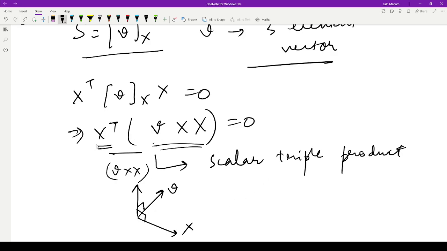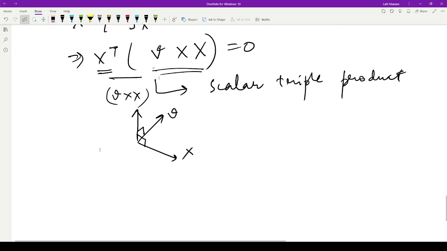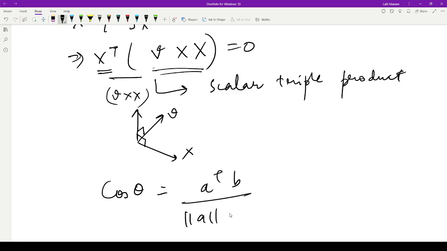Do you agree with that? Okay, at least do you agree with this formula, cos theta between two vectors, from matrix linear algebra? Yes, sir.